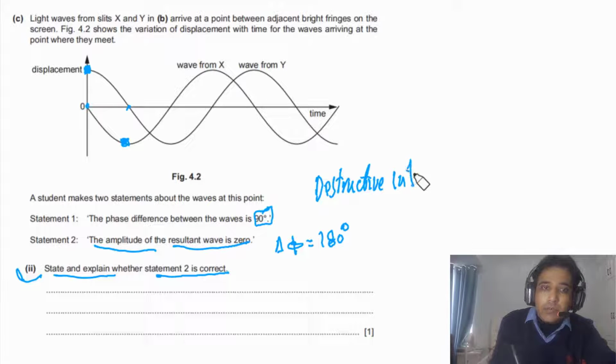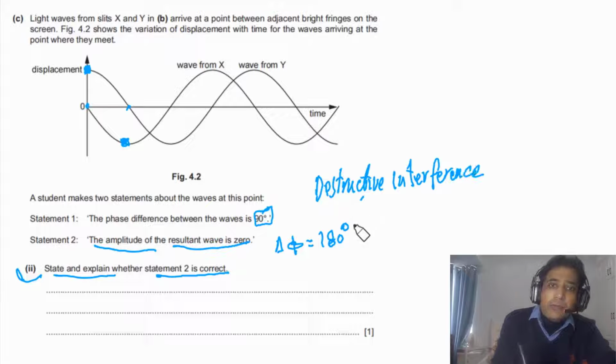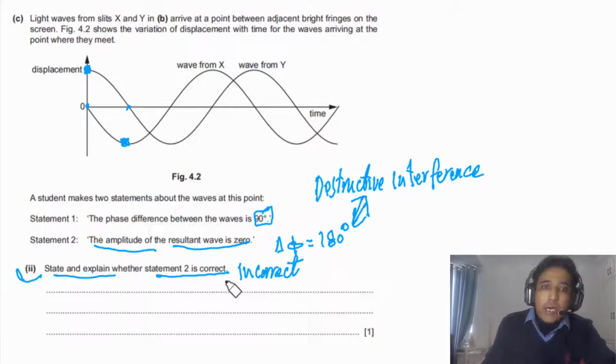Destructive interference, 100% destructive interference, will take place if phase difference is equal to 180 degrees. That phase difference is not equal to 180 degrees, so it means this statement is incorrect. So first thing we need to write down is that the statement is incorrect, then we need to explain why this is incorrect, because phase difference is not equal to 180 degrees.